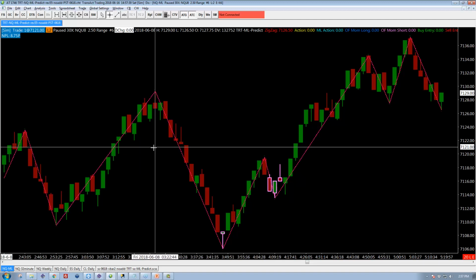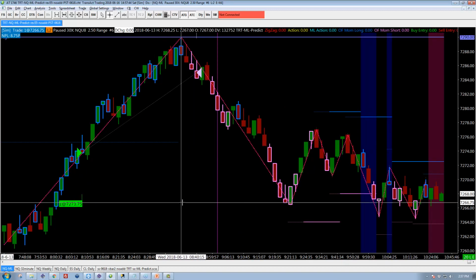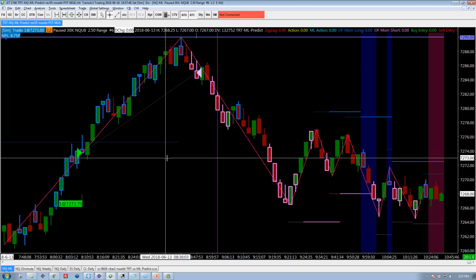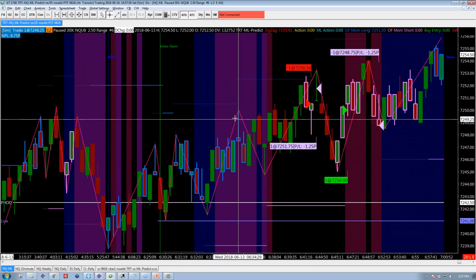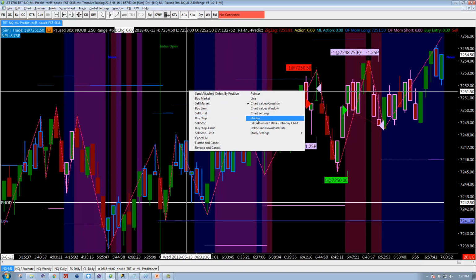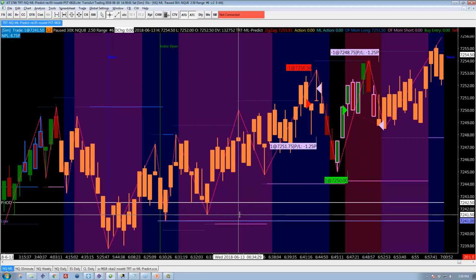One of the things that I was doing before this session today was writing that color bar by alert condition so that I can use it without needing a spreadsheet. And so I'm developing it.